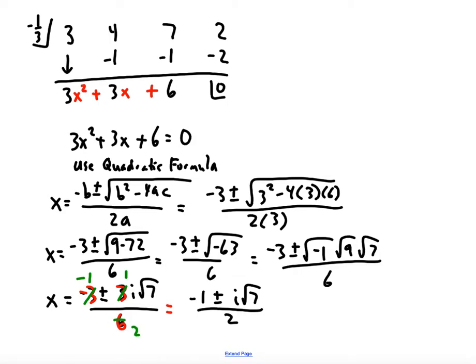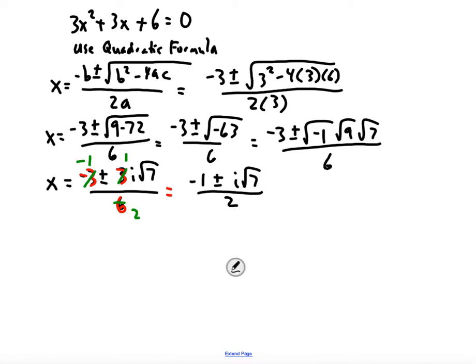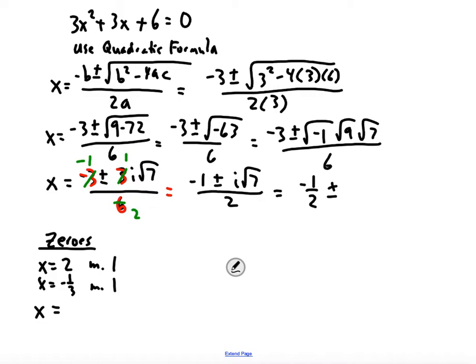So then if we're going to list out our zeros here, our zeros are x equals 2 with a multiplicity of 1, x equals -1/3 with a multiplicity of 1, and x equals, if I pull this apart over here, I could write it like this too, -1/2 plus or minus i square root of 7 over 2.